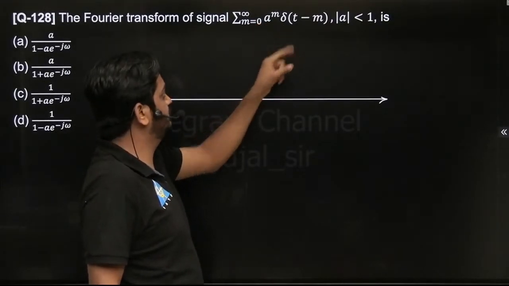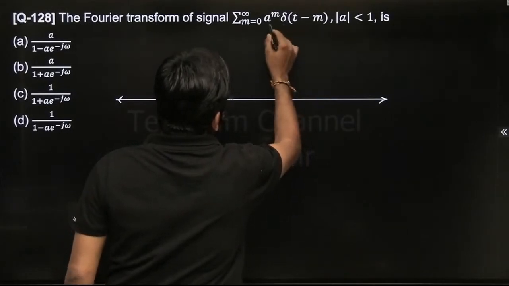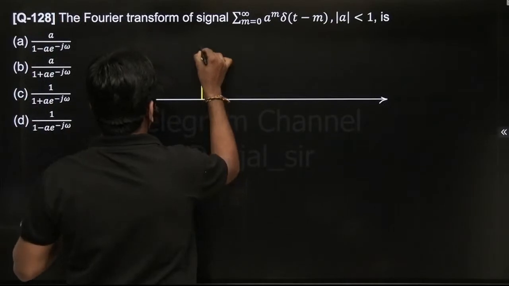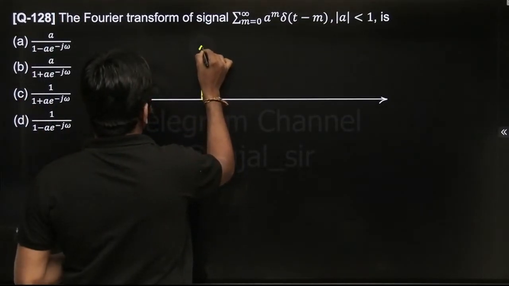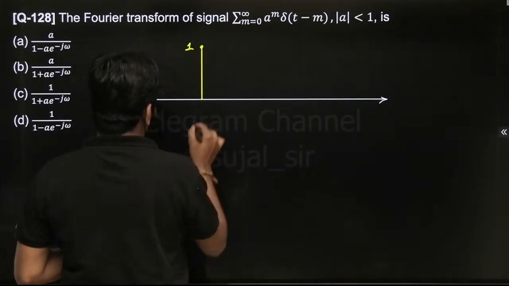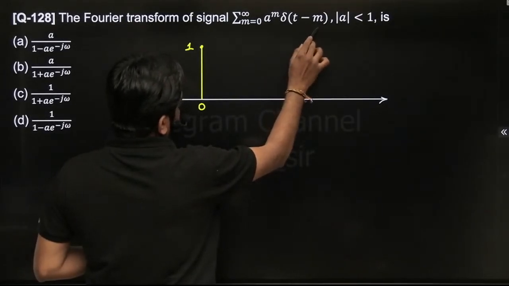If you put m equal to 0, then it will be 1 into delta t, that is an impulse with height 1 at 0, guys. Now m equal to 1.